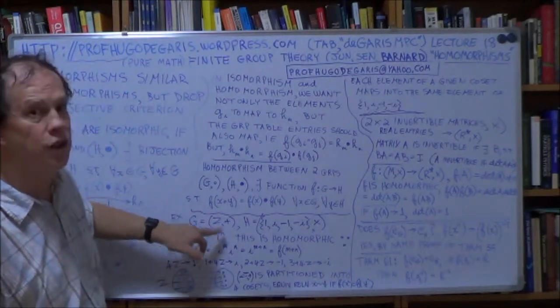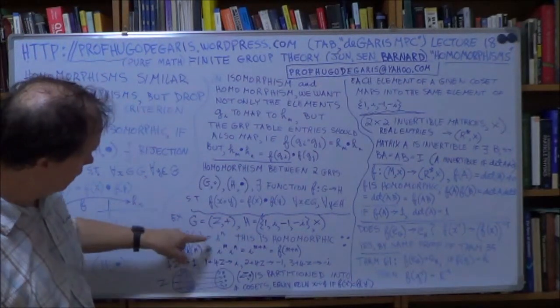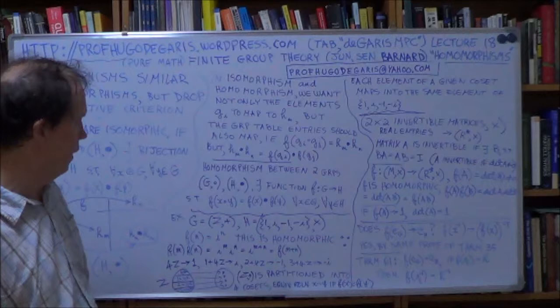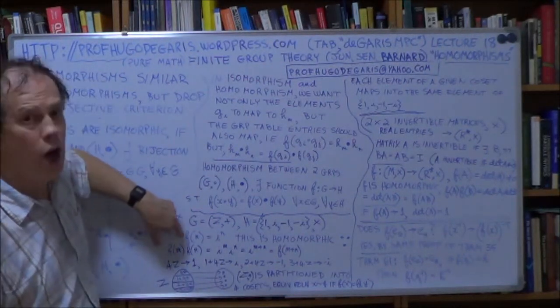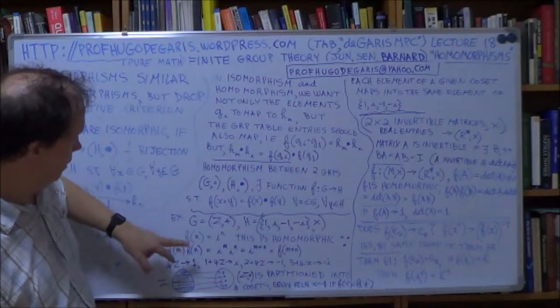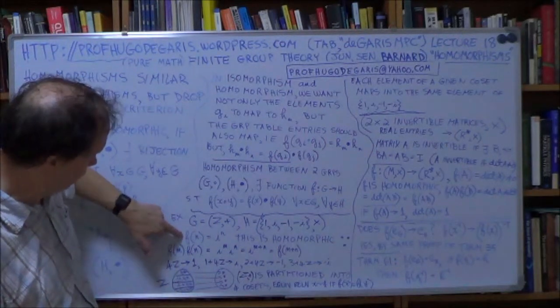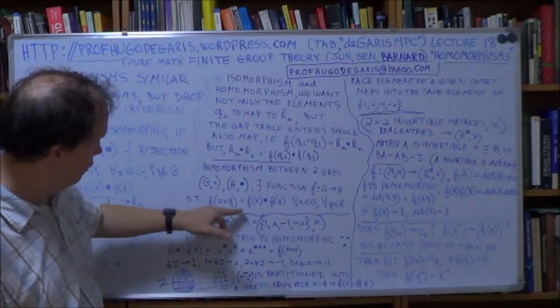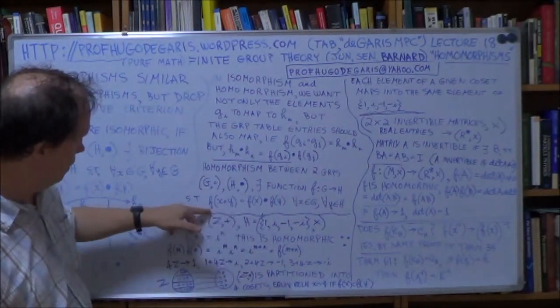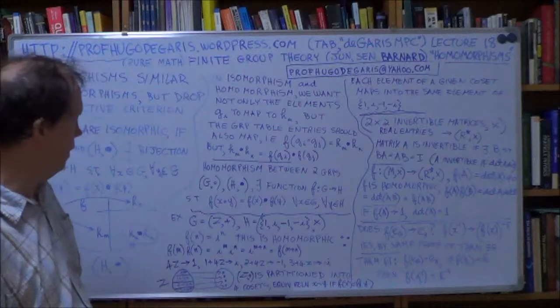So it's i to the n, right? f of n equals i to the n. Now, why is that function f homomorphic? Well, to prove that this function f of n equals i to the n is homomorphic, we have to show this, right? So let's do that.